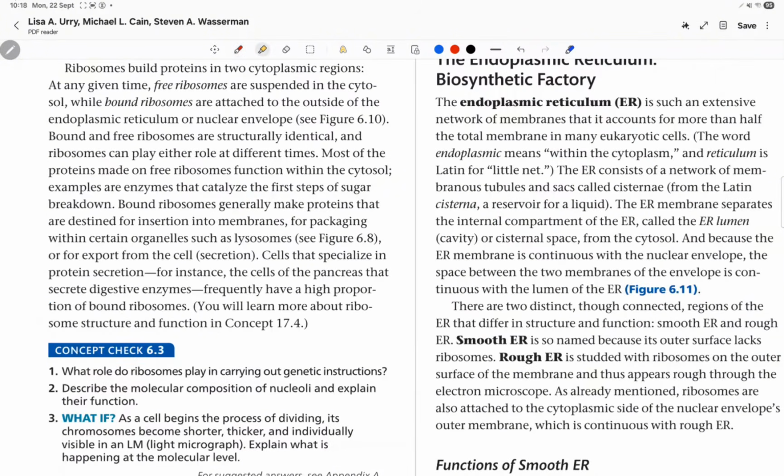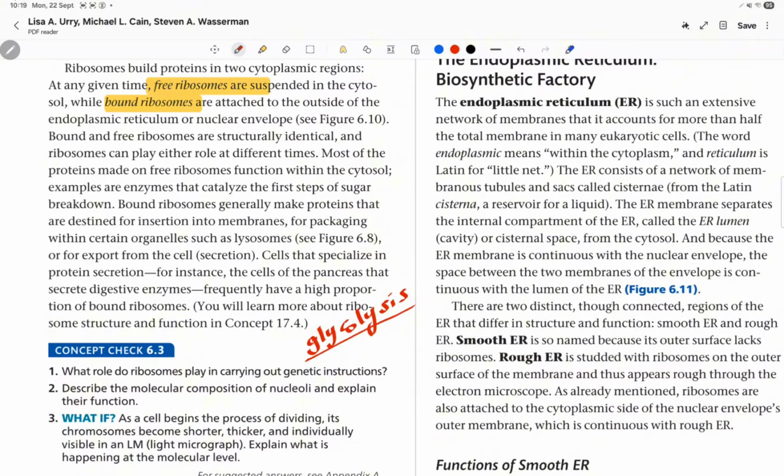Ribosomes come in two varieties, either free or bound to the surface of the rough ER. If they're free, what they do is they make you proteins that stay within the cell. So proteins can also mean enzymes. For example, glycolysis is a process that breaks down glucose and it requires some enzymes.